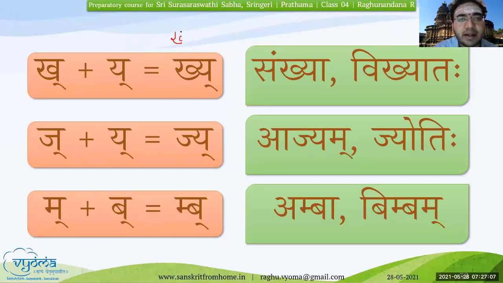And then immediately we have the next letter, Yakara, and this is how this Sanyukta is written and represented. Similarly for Jya, and similarly for Mb or Amba and Bimbam. Hope this part of writing the Sanyukta is clear.